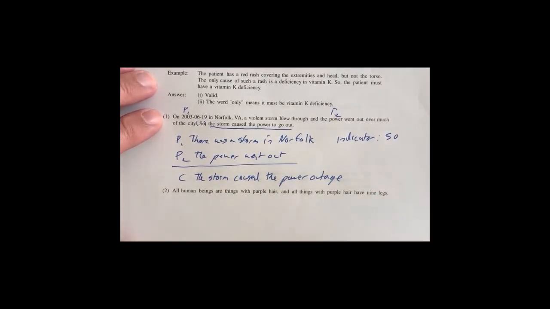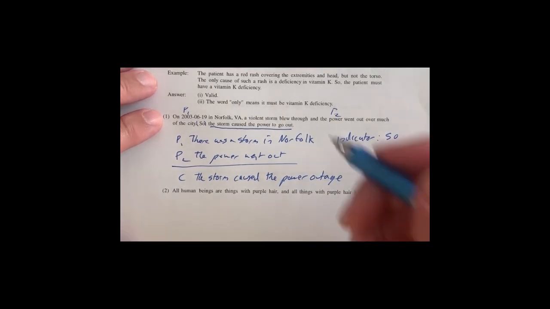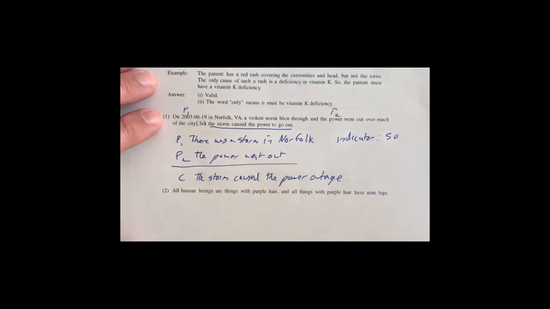So, all right, this is a great example of an inductive argument that is strong, right? This isn't a perfect argument. It's not absolutely valid. There are other reasons the power might have gone out. Maybe squirrels were eating through the power lines. Maybe it was terrorism. Maybe terrorist squirrels ate through the power lines. These are all possibilities, but they're not very likely.